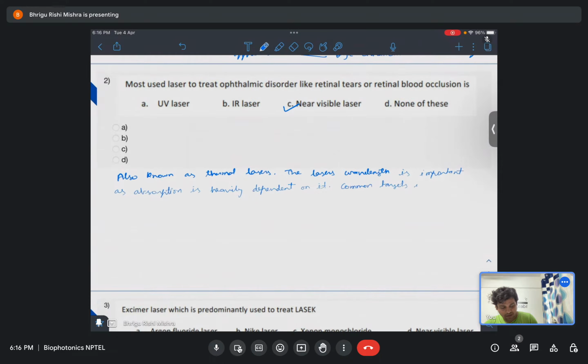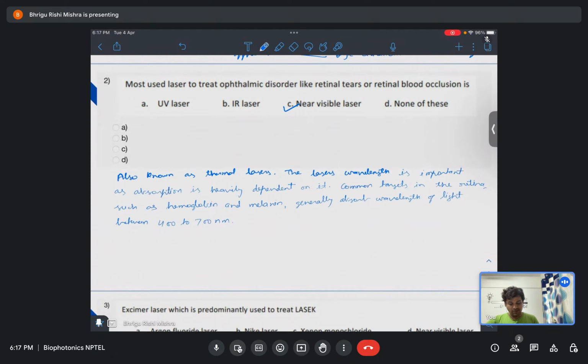Common targets in the retina are such as hemoglobin and melanin. Okay, so these generally absorb wavelengths of light between 400 to 700 nanometer.